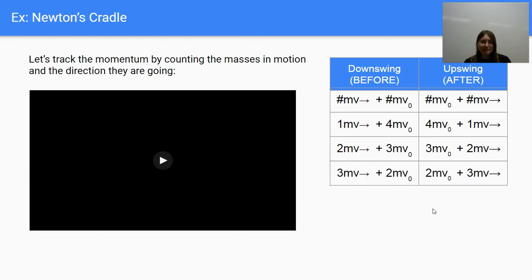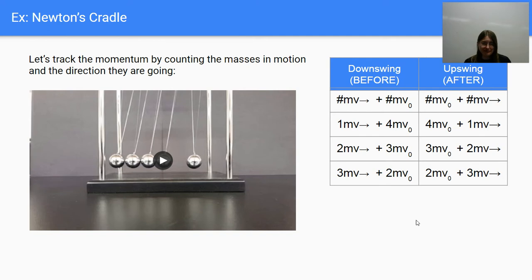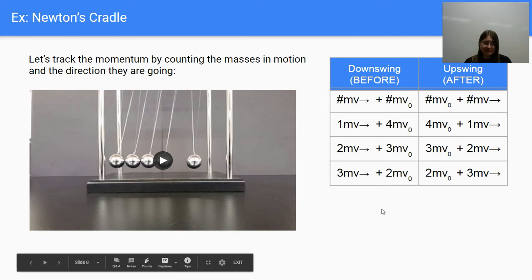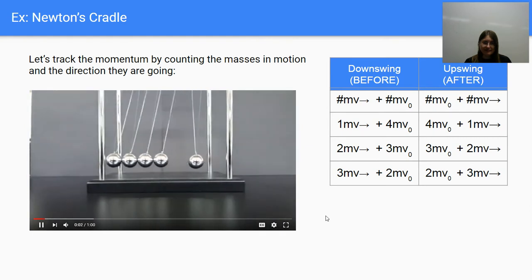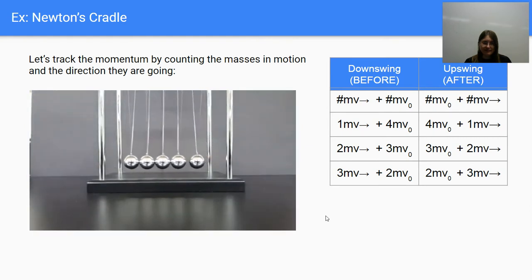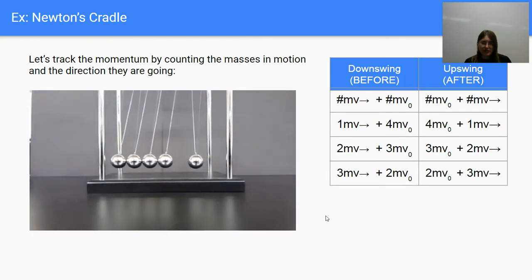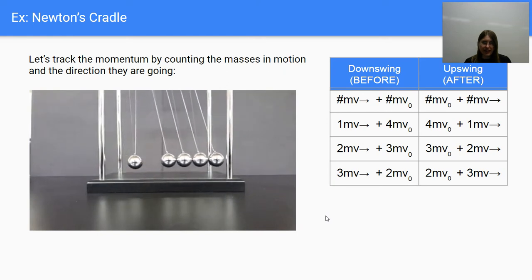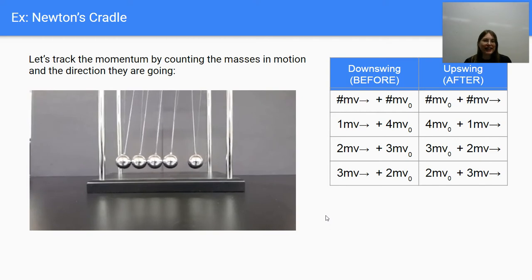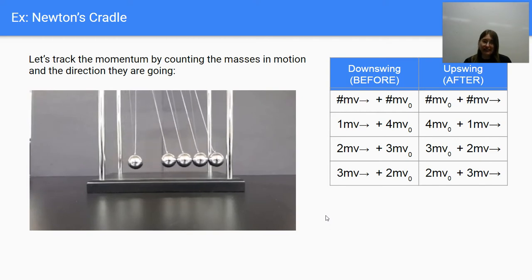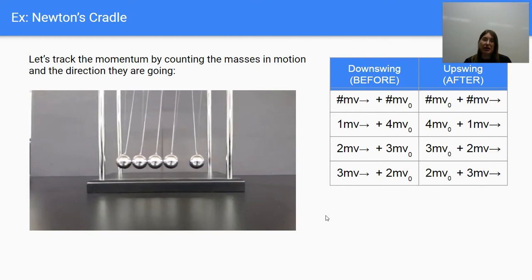Let's do 4. What's going to happen with 4? Four in motion, 1 still. It just stops, right? How weird is that? It's pretty cool. It just stops.